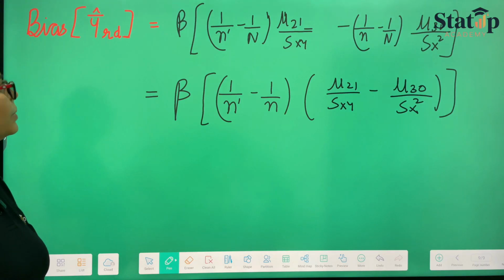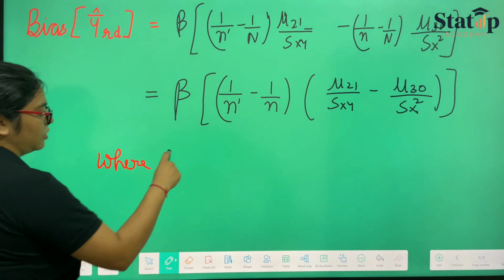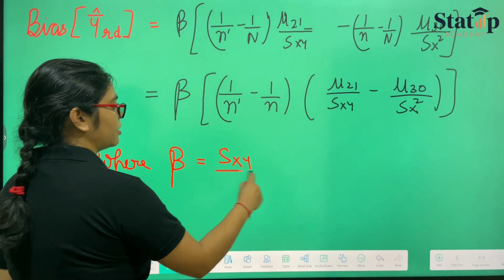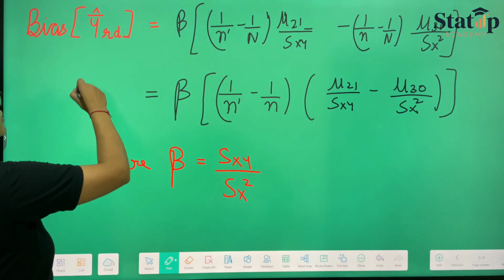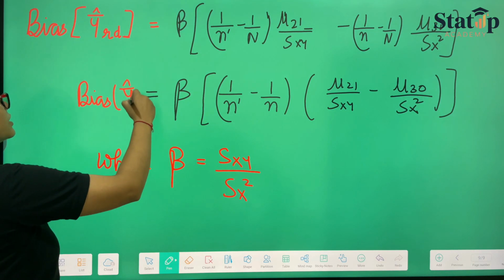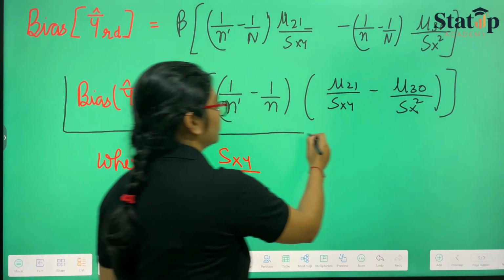So this will be the bias, where beta is nothing but Sxy upon Sx square. This is the value of the bias of the mean of the regression estimator in double sampling.